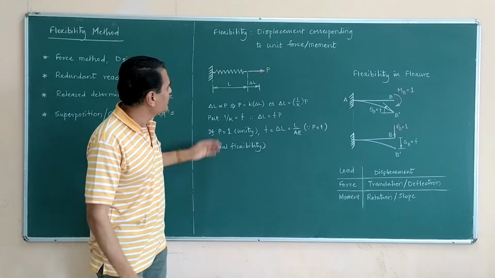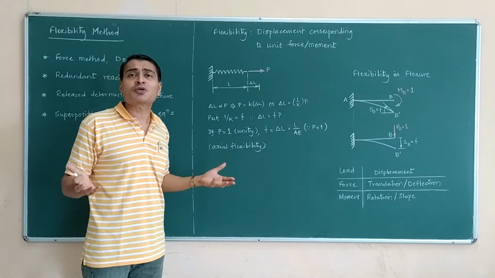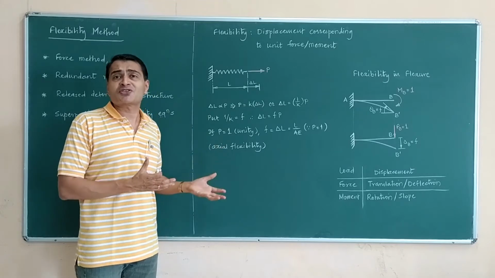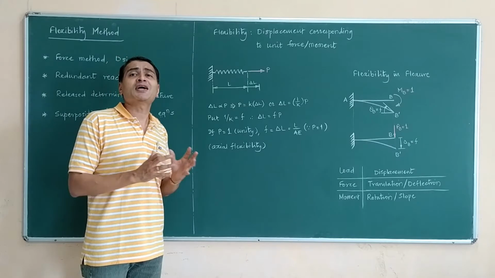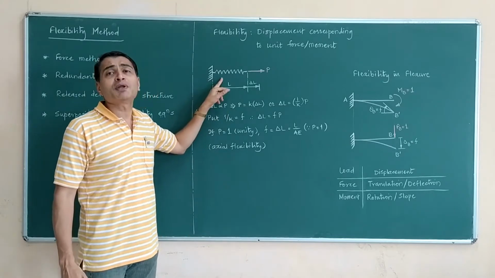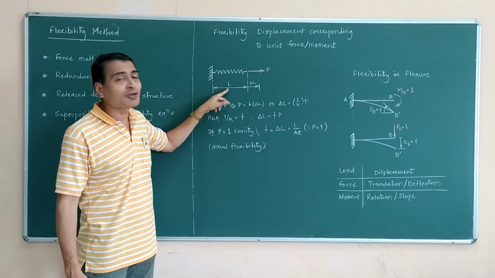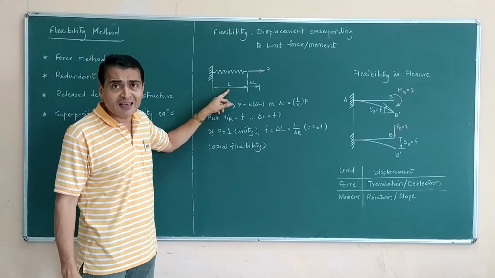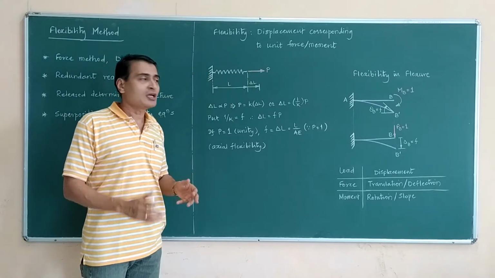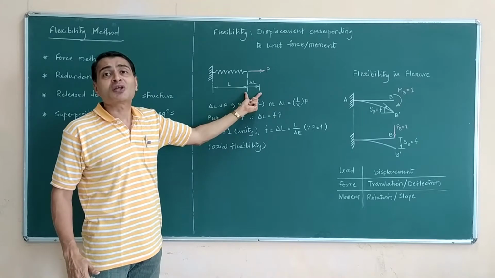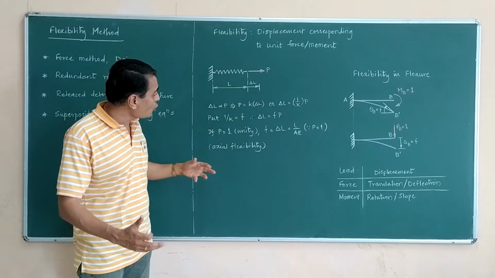For example, suppose we have a spring. Spring represents an elastic body. Our structural analysis is also elastic analysis. So for introduction to any elastic behavior, we usually prefer to take example of spring. So suppose we have a spring with original or natural length L, and I am applying an external deforming force P, because of which there is, let's say, elongation in the spring of delta L. Then what do we know?